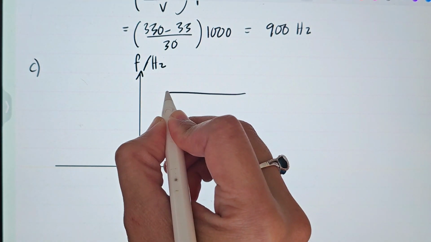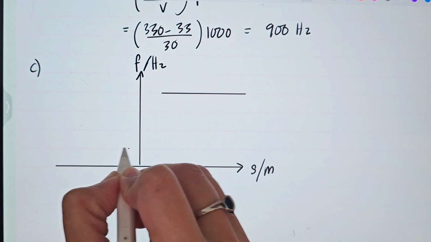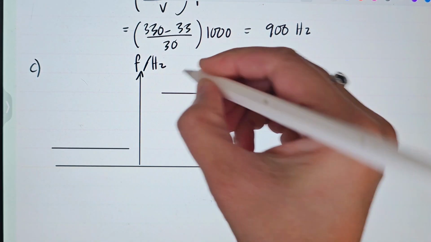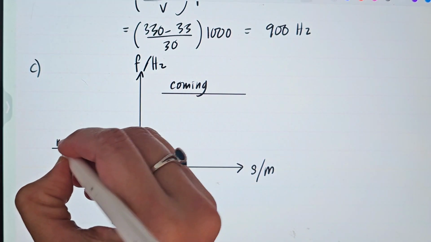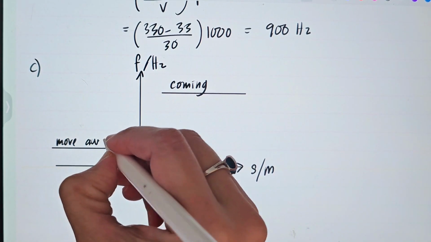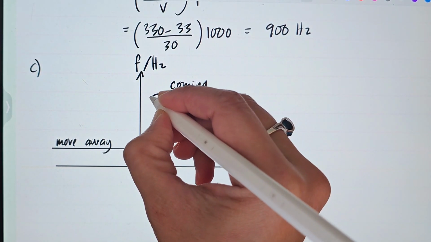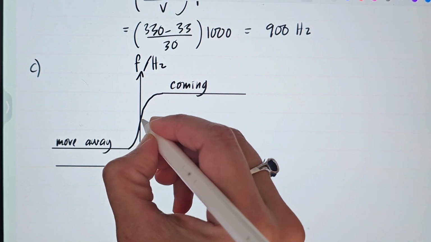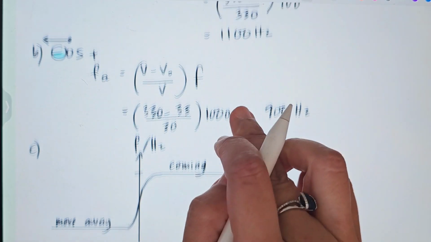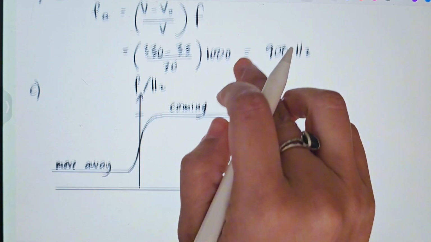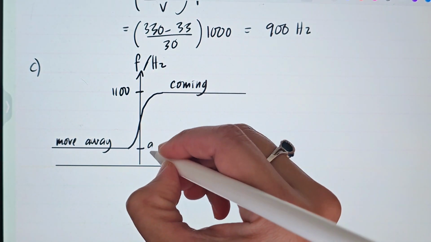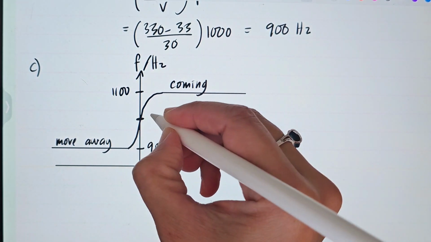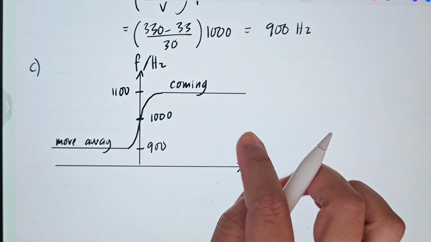So we're going to add in the value of the coming and the move away. Here is the 1100. Here is the 900. And here is the actual frequency.